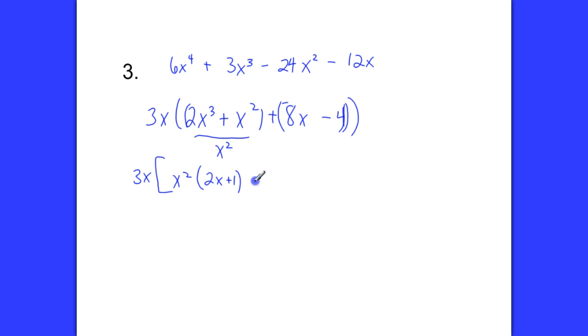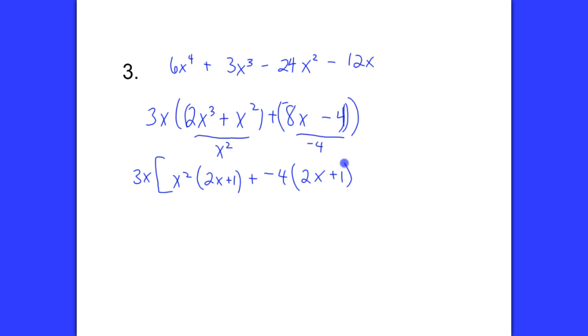Now I want 2x plus 1 here too, so I'm going to factor out a negative 4, because 4 goes into both of them. The reason I'm taking out negative 4 is, watch: negative divided by negative makes that positive 2x, and negative divided by negative makes that plus 1.